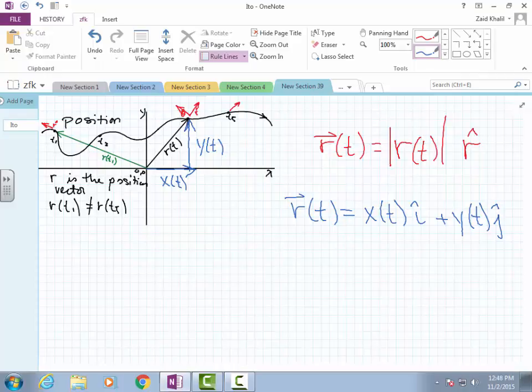So now, what about if I moved from this position to this position? Would you guys agree on the position vectors? Yes or no? Yes. The answer is no. But what would you agree on? Who said it?